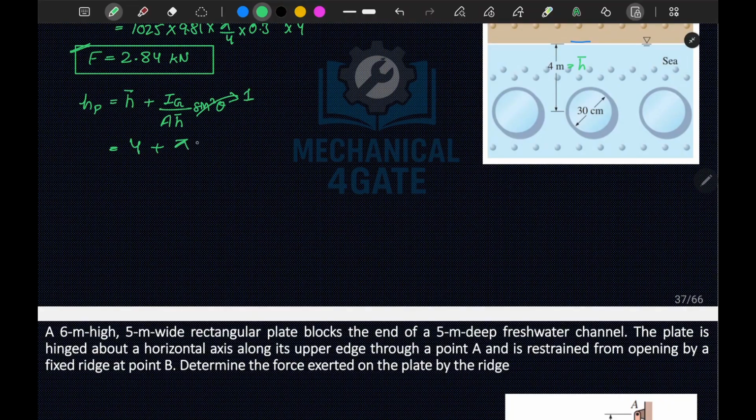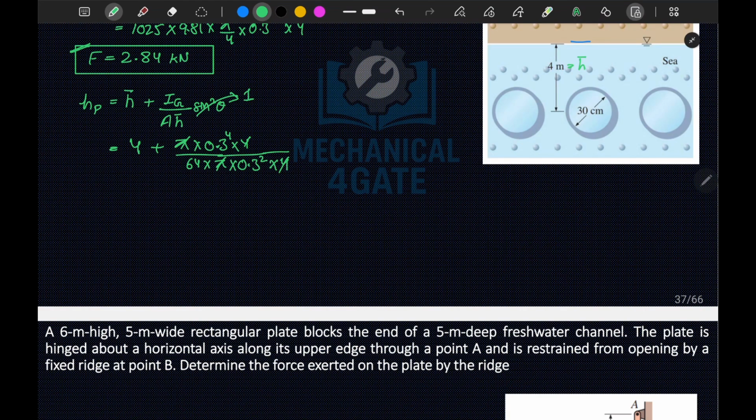So pi into d to the power 4, where d becomes 0.3, to the power 4, divided by 64, into A, that is pi by 4 into d square, that is 0.3 square, into h, which is 4. Now if you solve this, 4 and 4 will cancel out, pi will cancel out, so it is only left with a square here.